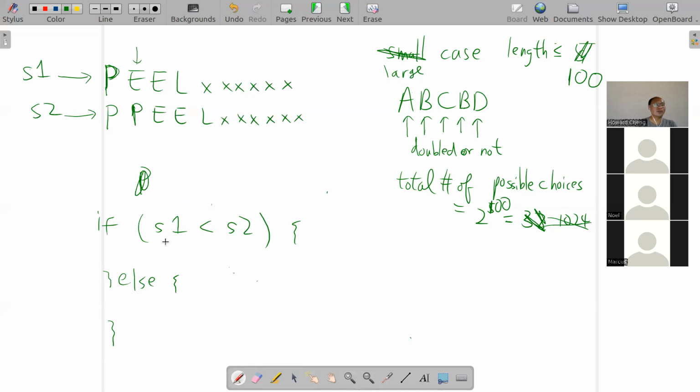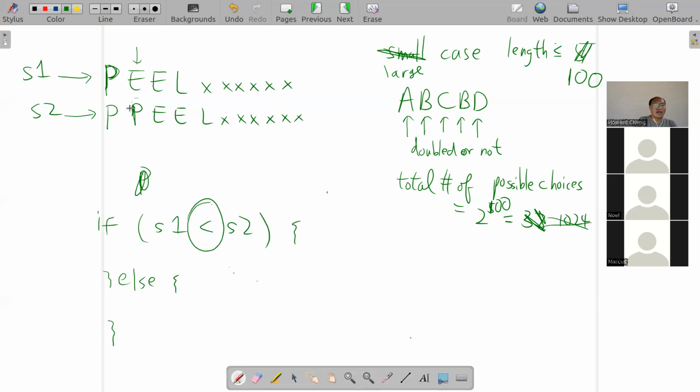If this one is smaller, then I want to just use a single one. If S2 is smaller, I want to double it. And this less than operator with strings basically hides all the mess, because it looks down the list as much as it needs to figure out an answer.